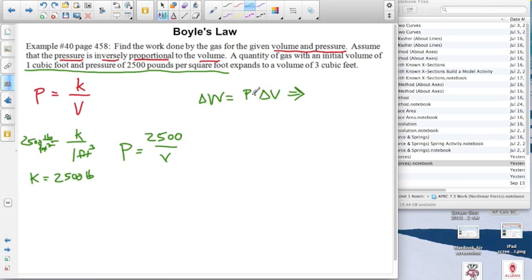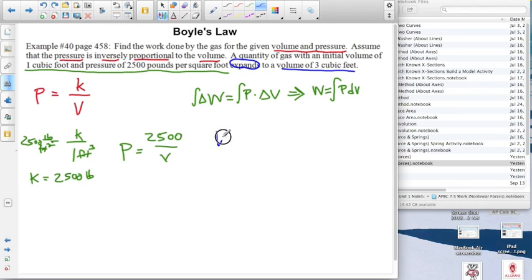So the total work we can get just by integrating both sides. The total work is going to be your pressure function with your differential being the dV, which is why we're talking about expanding the volume to 3 cubic feet. That kind of gives you the idea that the volume is the differential expression.